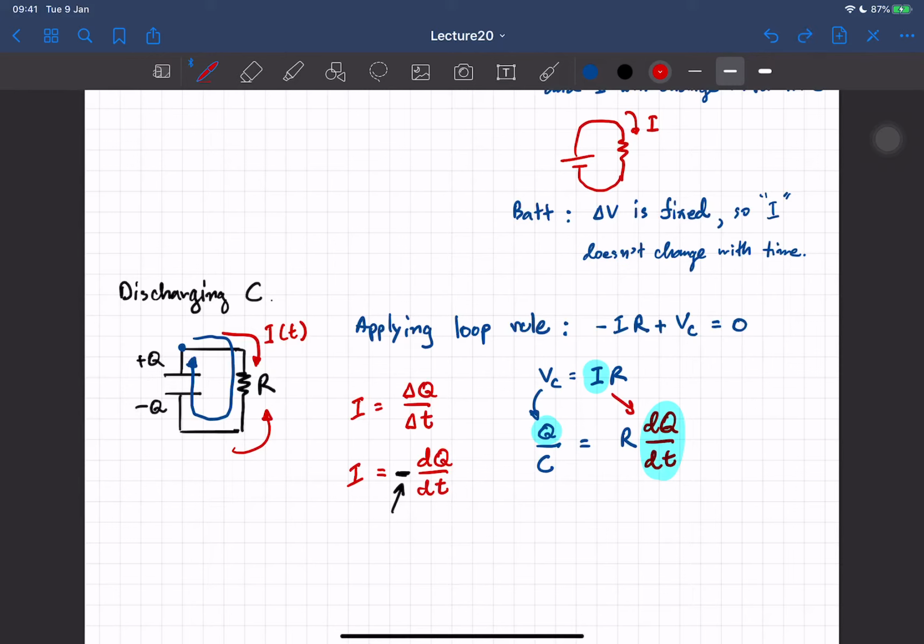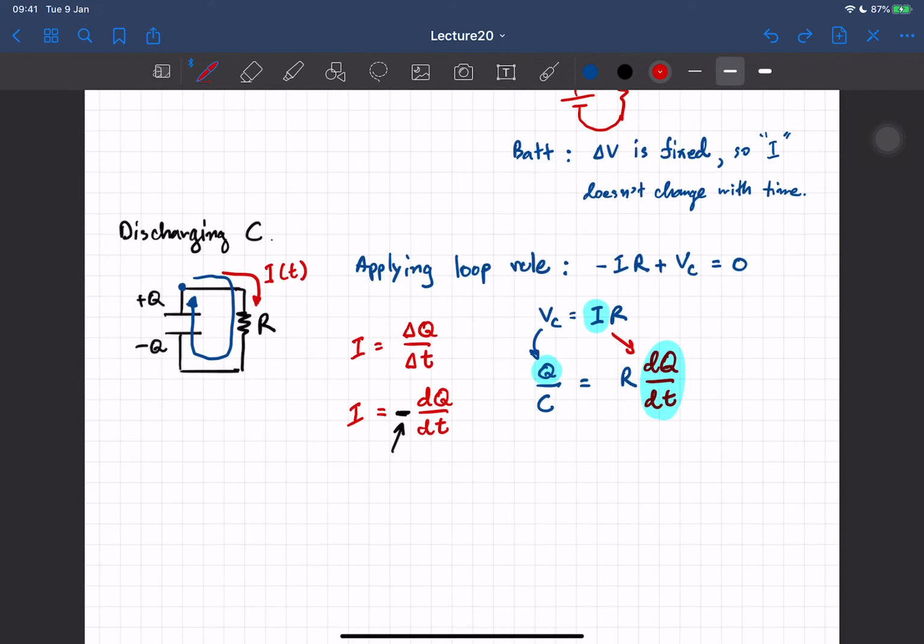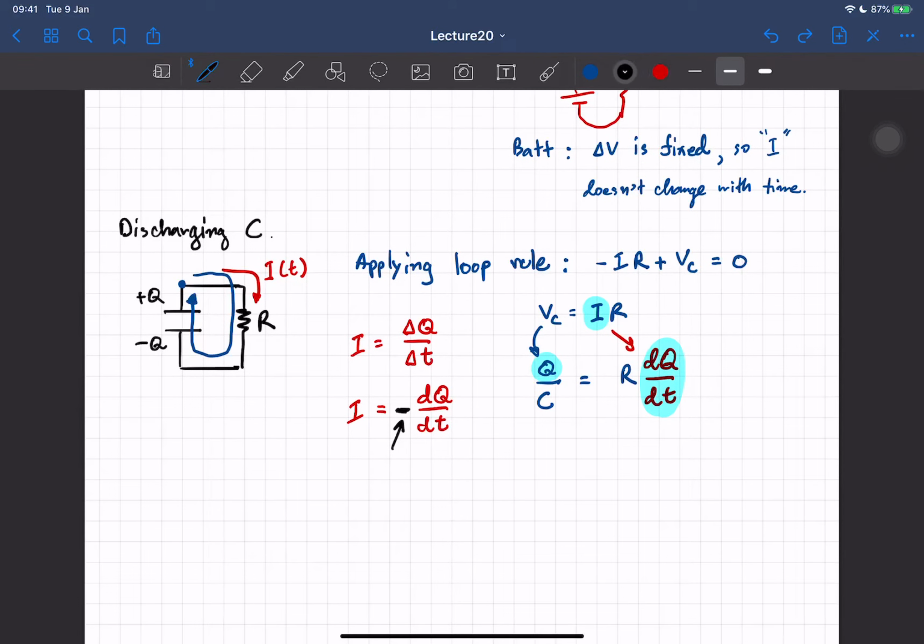So it's your choice. It's like when you solve a mechanics problem, you call going down positive or going up positive. You have that freedom, but you have to be consistent. And this minus sign is there because of the consistency of our choice. If we don't put a minus sign, then the circuit is going to behave in a very strange way. So we need a minus sign here.